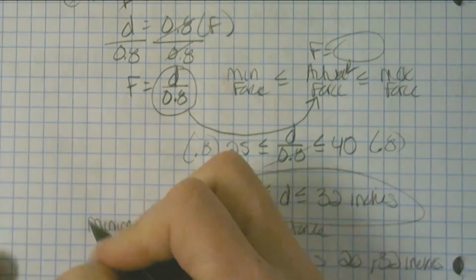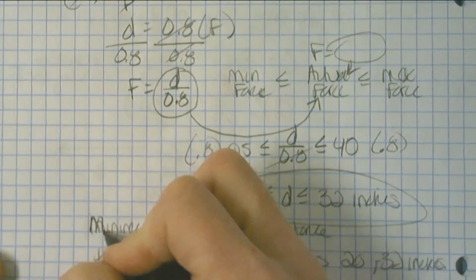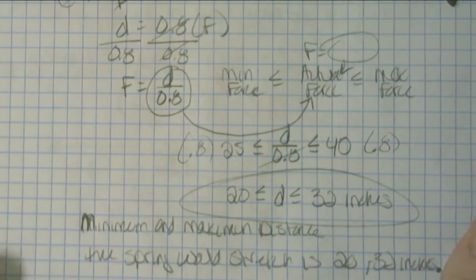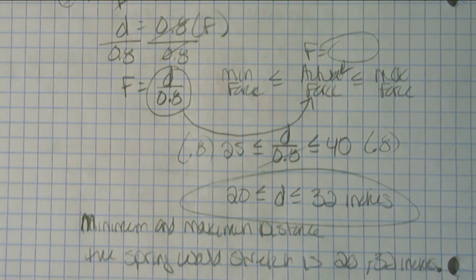And I do expect you to have your capital M in the beginning of your sentence. I expect you to have your period at the end of the sentence. You guys cool with this? Okay, you guys are good to go?